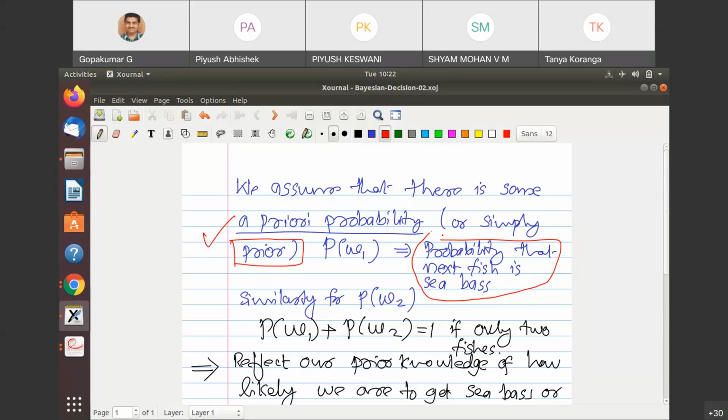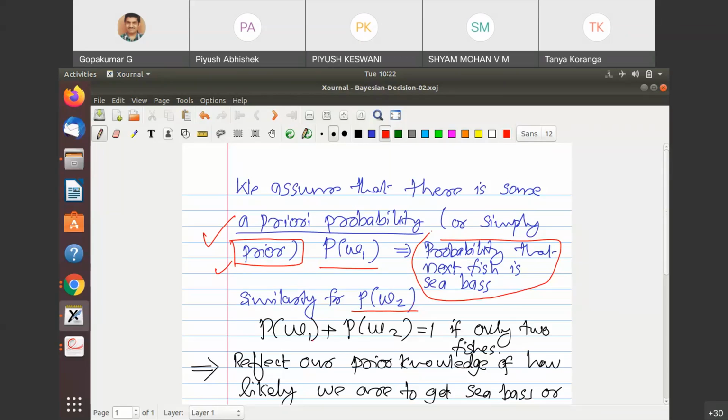That probability is called an a priori probability, or generally a prior probability. Let us say P of W1 for sea bass and P of W2 for salmon. These are the two probabilities that we will make use of.